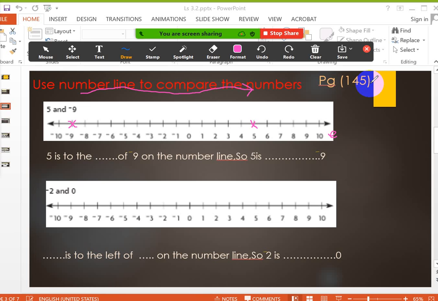Which one is the greater? Look, 5 is to the right of -9. According to the -9, 5 is on the right side. So if I want to answer this, 5 is to the right of -9.